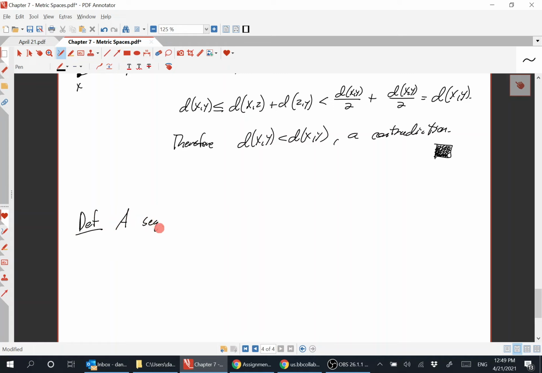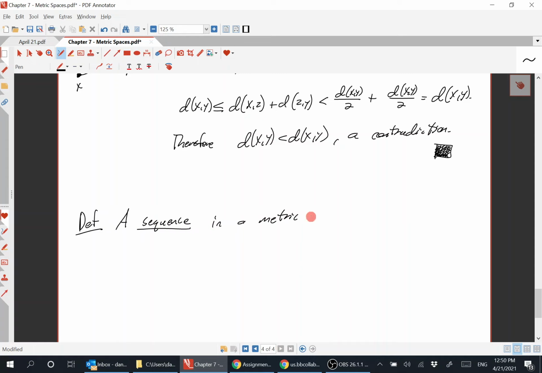So a sequence is just a list of elements in a metric space M. Does it have an ordering? No ordering in a metric space. You can't compare things in metric spaces. You can't add them, you can't subtract them, can't multiply them, can't say one is less than the other. None of that stuff. No algebraic structure at all.